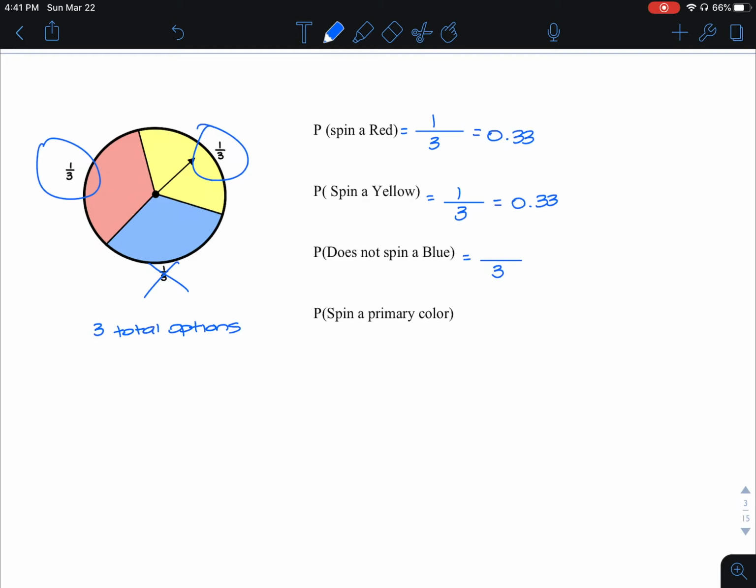Okay. Well, there's 1 part red, 1 part yellow. How many parts does that make? In this case, 2 parts. Again, 1 part red, 1 part yellow. Add that together, I get 2 parts. I cannot reduce this, but I can plug this into my calculator. I should get 0.67.